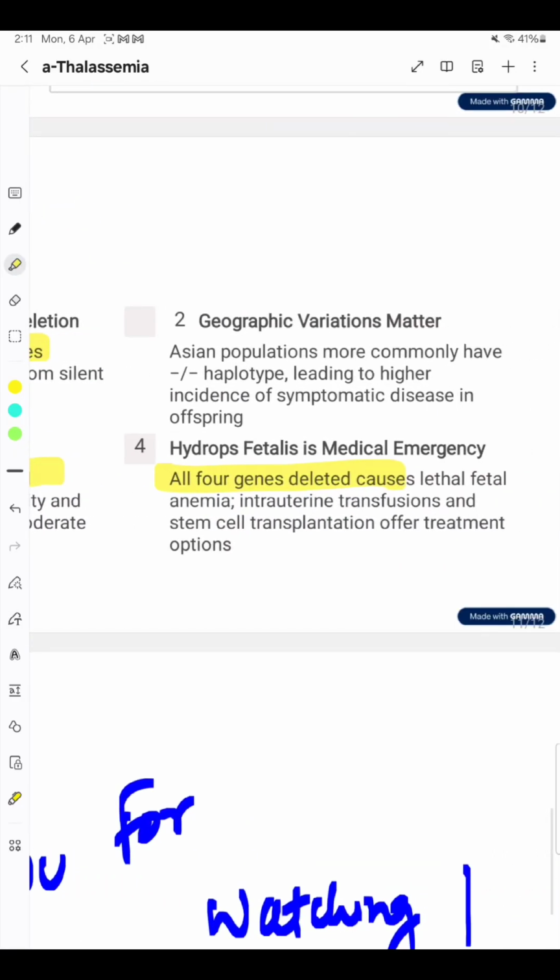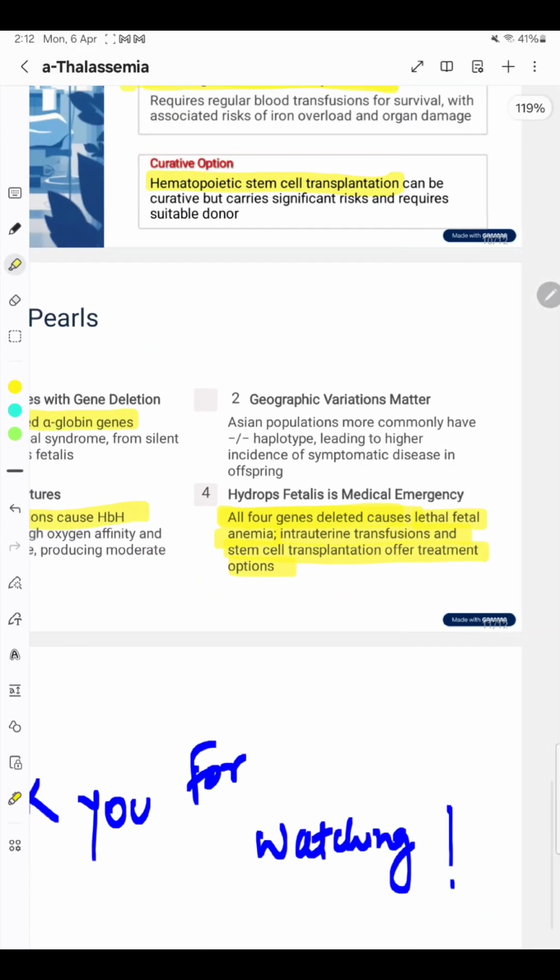Hydrops fetalis is a medical emergency. All 4 alpha globin genes are deleted and result in lethal fetal anemia. Intrauterine transfusion and stem cell transplantation offer treatment options.